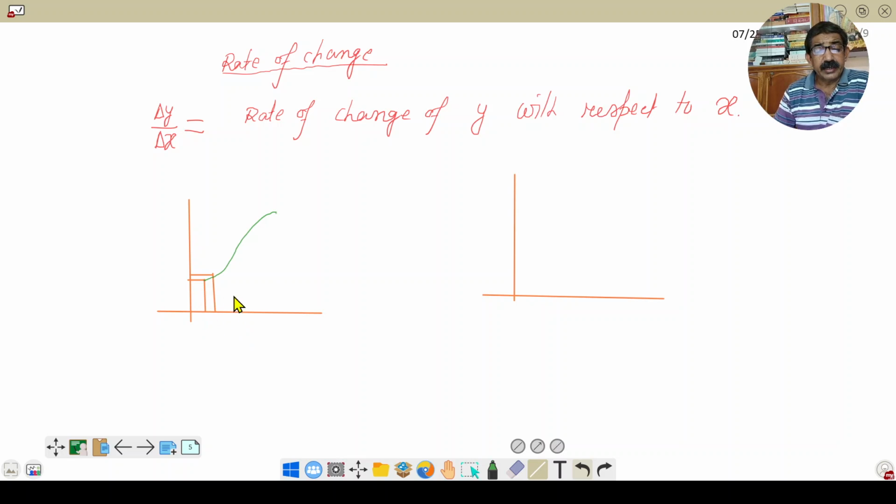And similarly, delta x is taken here, the same difference.